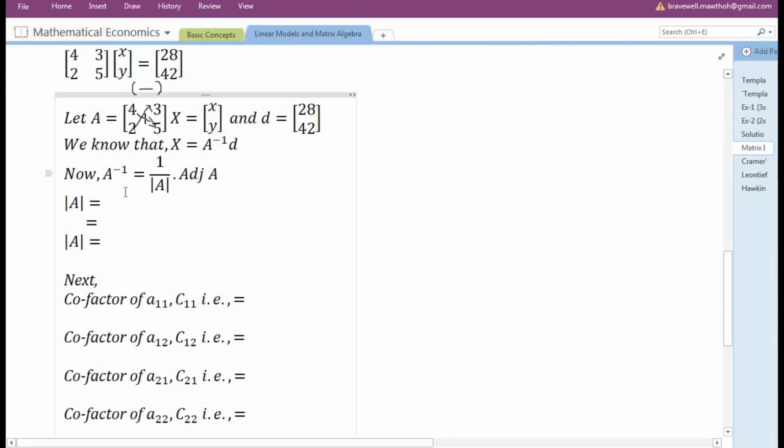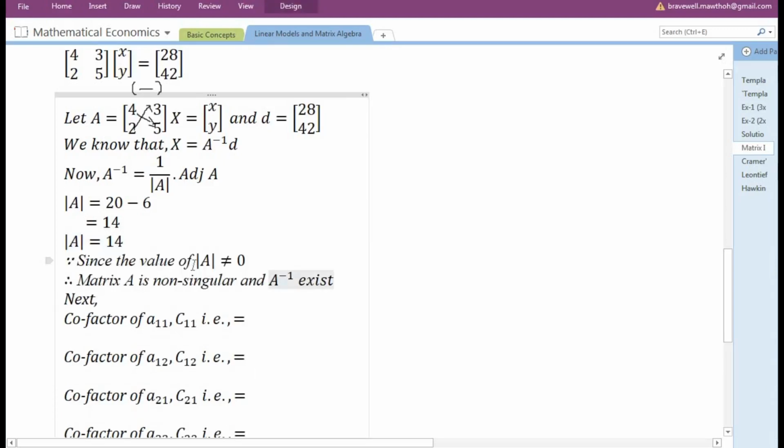Now 4 times 5 is 20, minus 2 times 3 is 6. So our answer is 14. Is it equal to 0? No. Since it is not equal to 0, we have satisfied both the conditions.